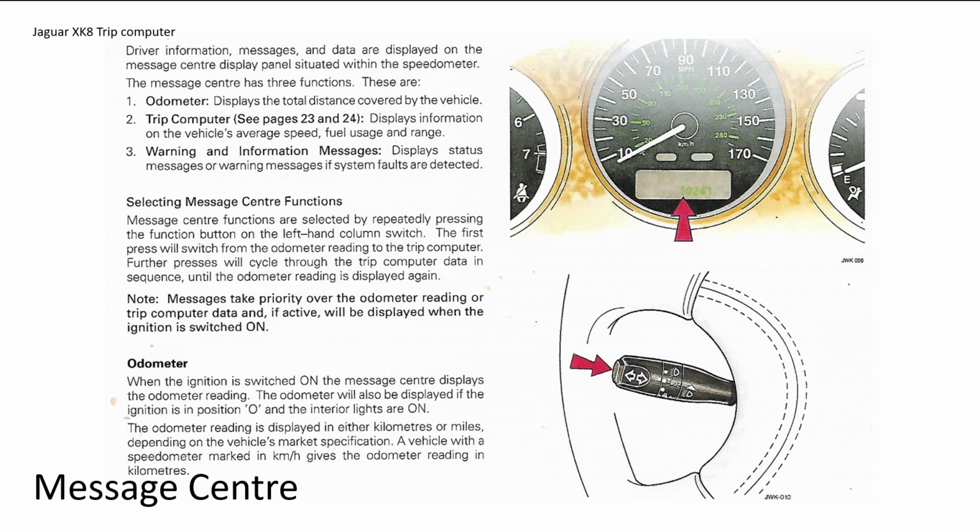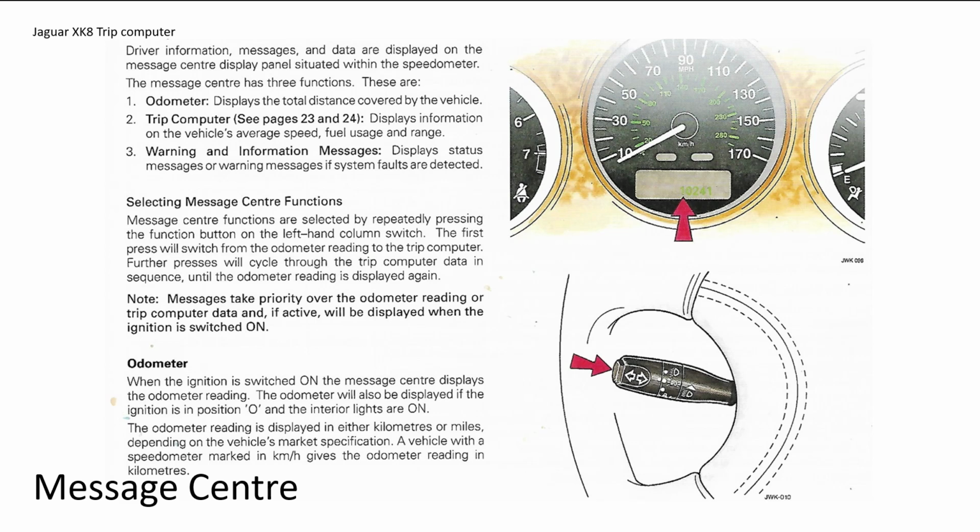Messages will take priority over the odometer reading or trip computer data and will be displayed when the ignition is switched on. When the ignition is switched on, the message center displays the odometer reading. The odometer will be displayed if the ignition is in position 0, i.e. the ignition's off, if the interior lights are on.